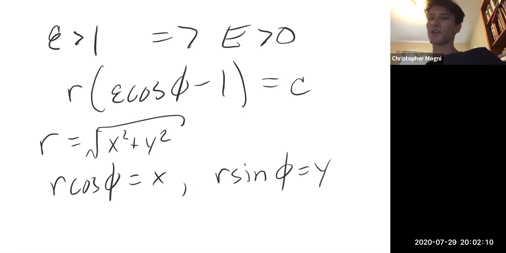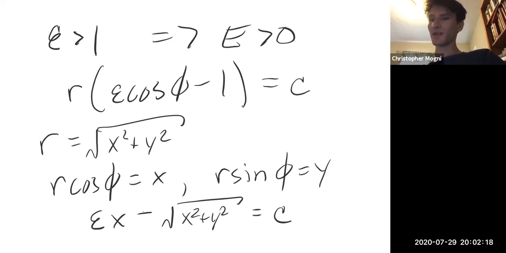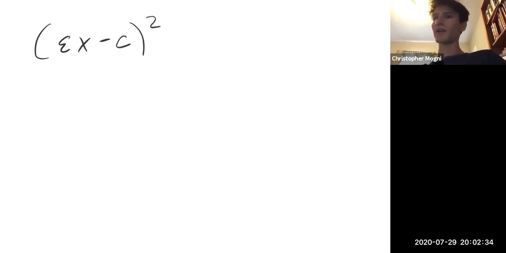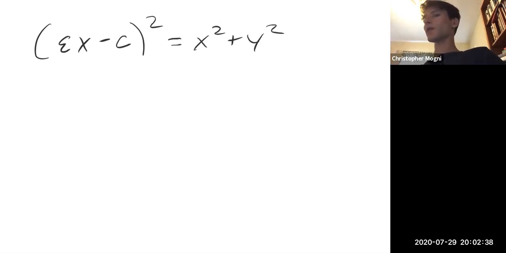Therefore, this expression becomes epsilon x minus the square root of x squared plus y squared is equal to C. We can then bring the square root onto one side of the equation, everything else onto the other, such that we can square things to get a polynomial expression. I'm going to leave this out, but what this implies is the following.